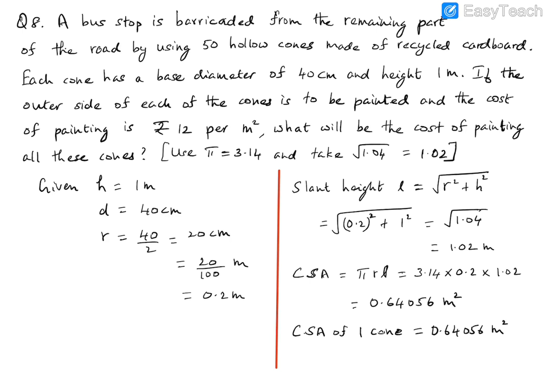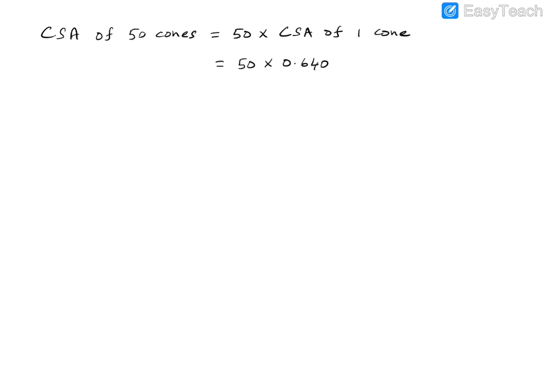Now that we have the curved surface area of a single cone, we can calculate the curved surface area of 50 cones because there are a total of 50 cones used for barricading. So the curved surface area of 50 cones is equal to 50 into the curved surface area of one cone, which will be 50 into 0.64056.